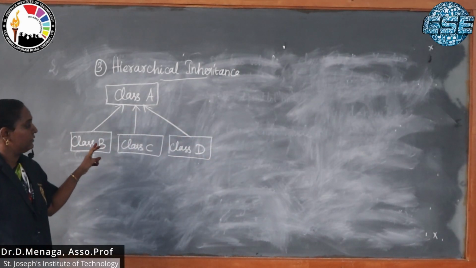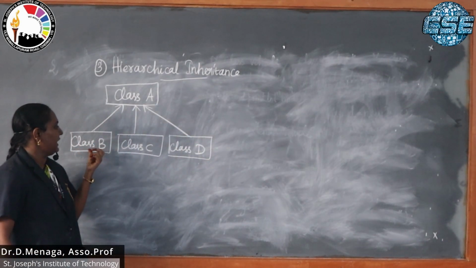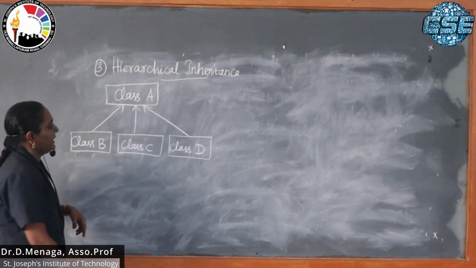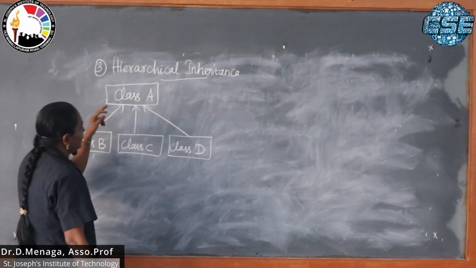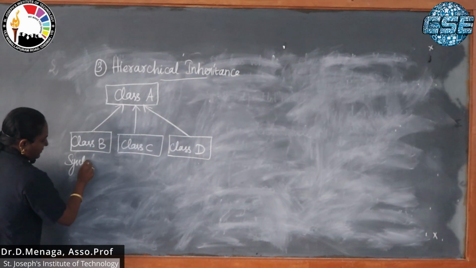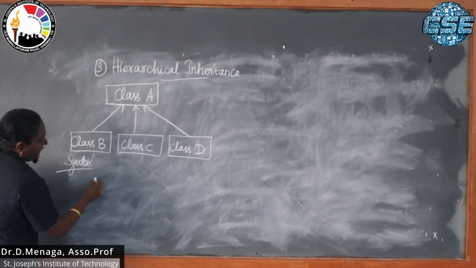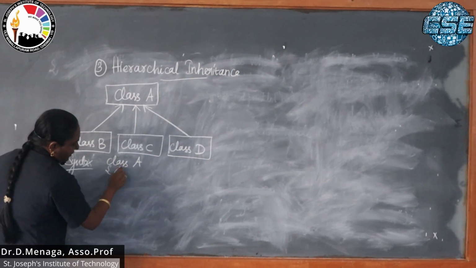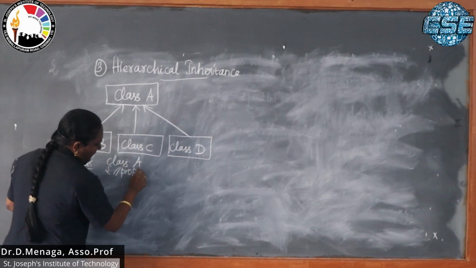So here I have three derived classes, class B, C and D, that are going to inherit the properties of class A, that is the base class, only a single base class here. This can be syntactically represented using the extends keyword. Here we have a base class A with properties and methods.